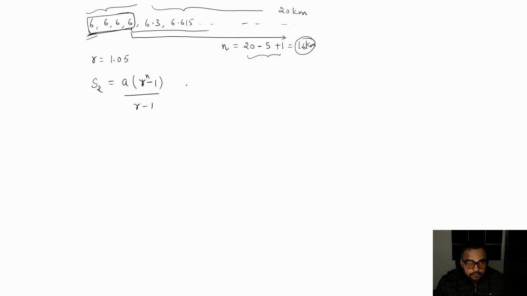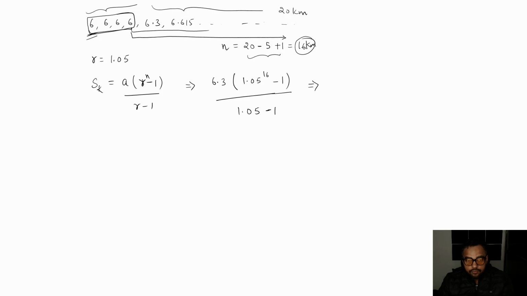The sum we need to calculate, a will be treated as 6.3, r will be 1.05, n will be 16, so (1.05 to the 16 minus 1) upon (1.05 minus 1). This will be the estimated time from the 5th kilometer onwards to the 20th kilometer.